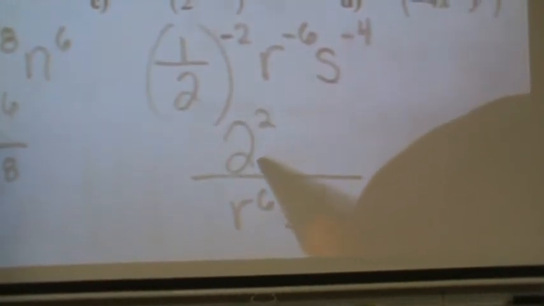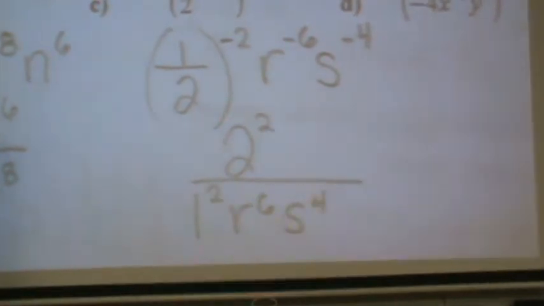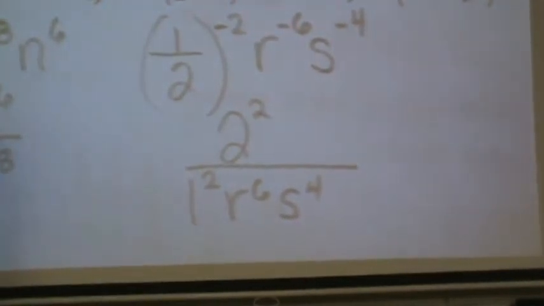This, we're going to square, but we're going to flip it. So the 2 is now going to go up on top. 2 squared, and any 1 raised to a power is just 1. So you really don't need 1 squared. So what you're doing is flipping this and raising it to the second power.